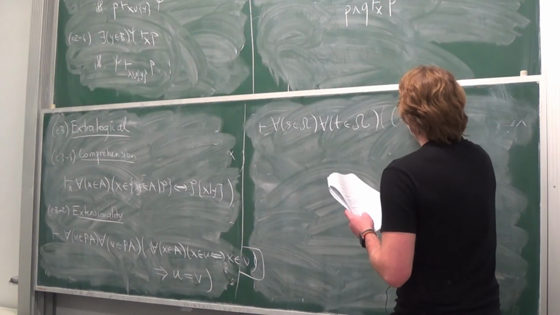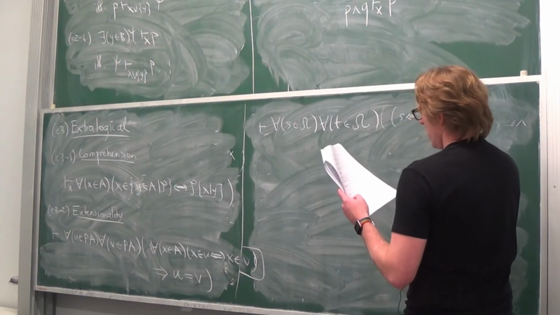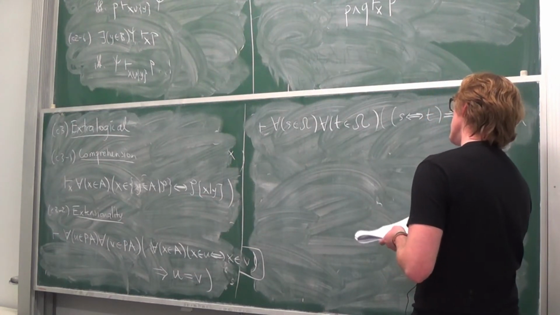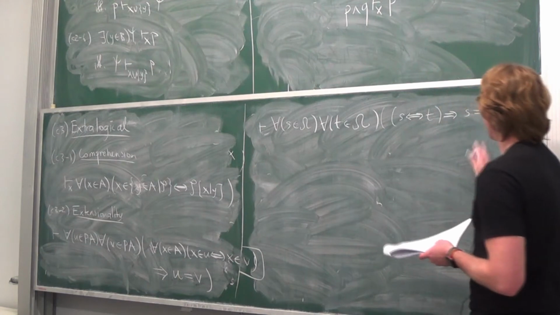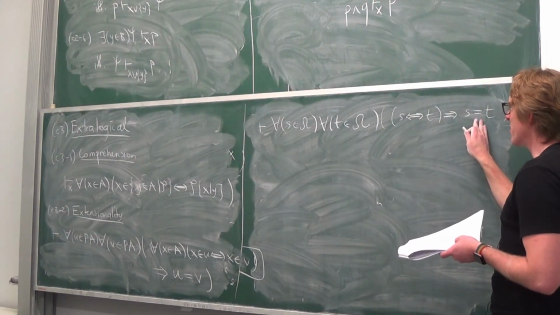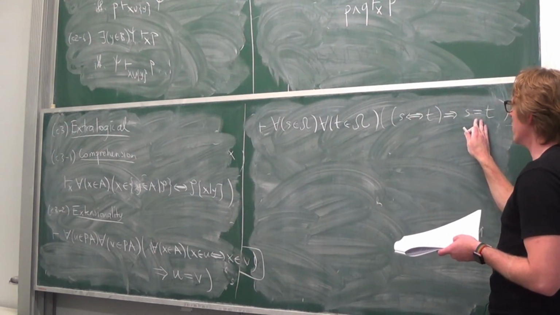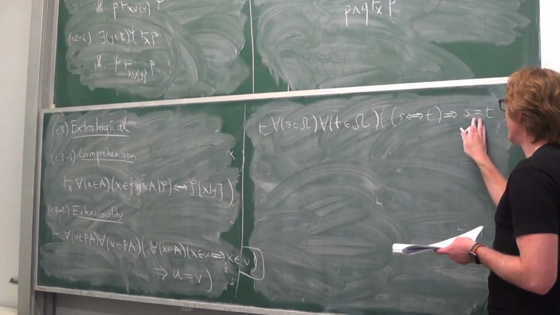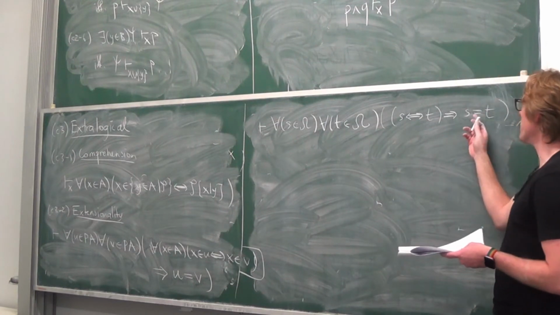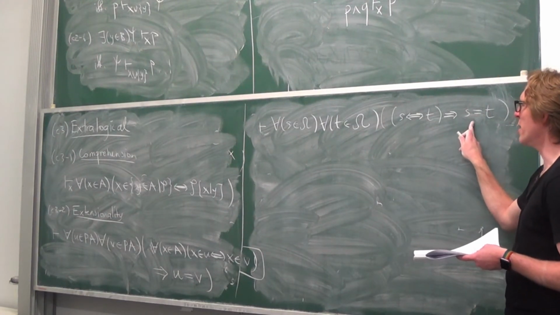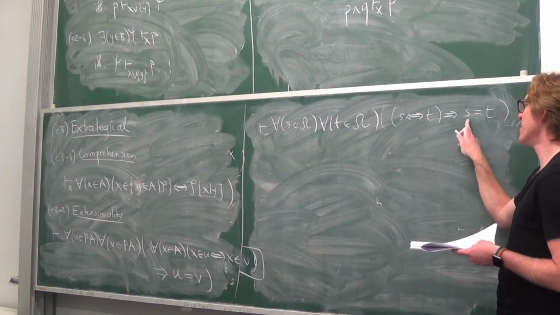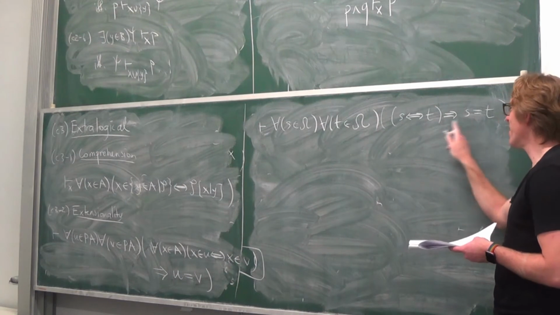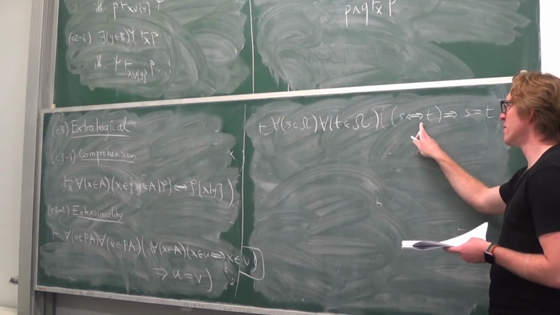This is extensionality for propositions. This is Leibniz equality again. This means that for all z in P omega, z is equivalent to t in z, and this is the logical implication.